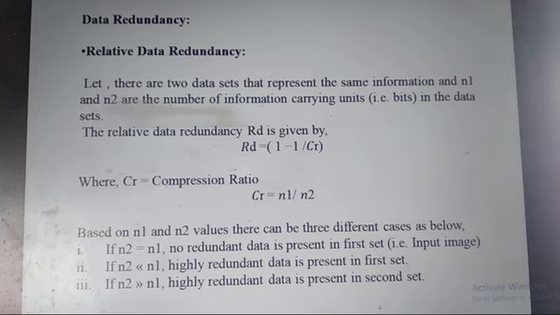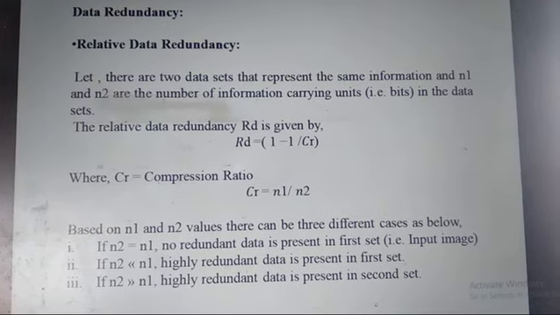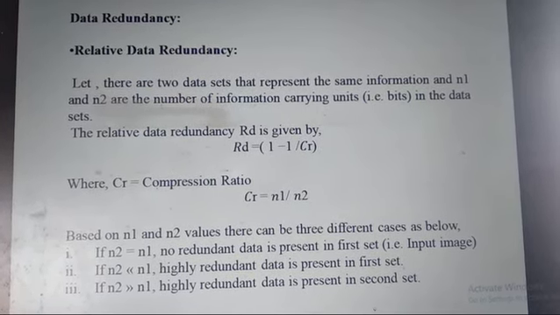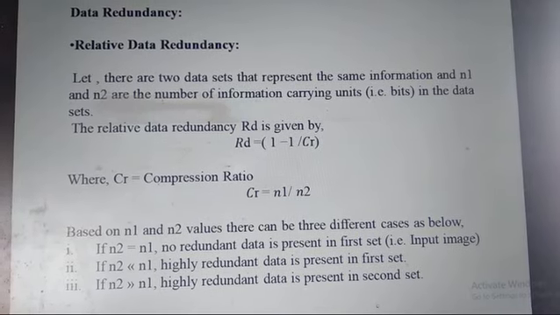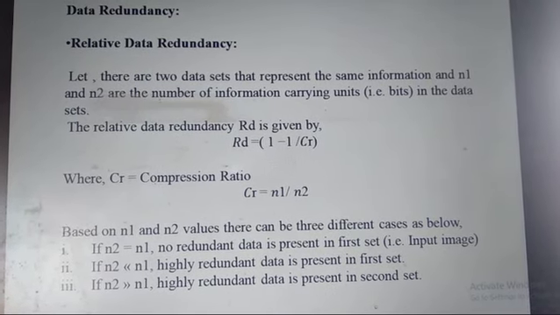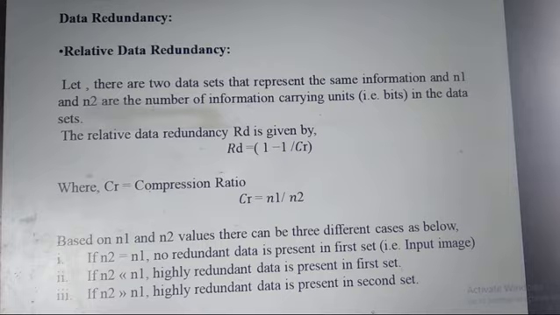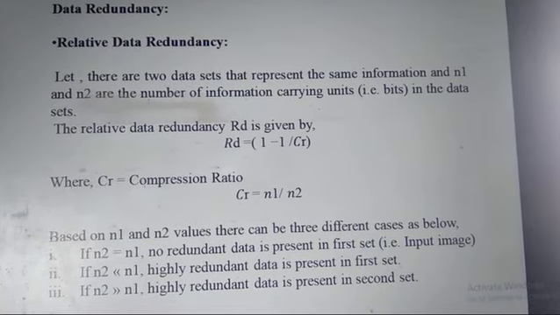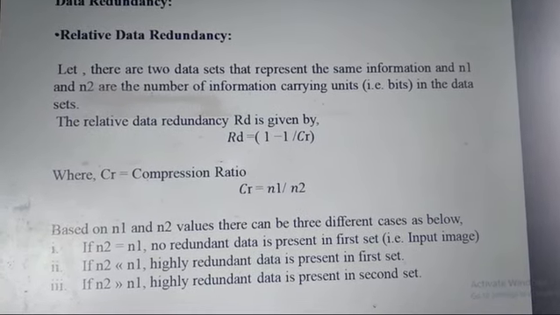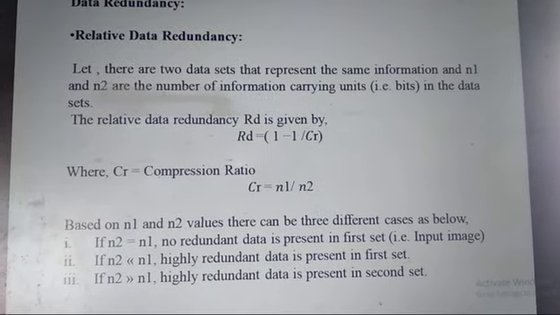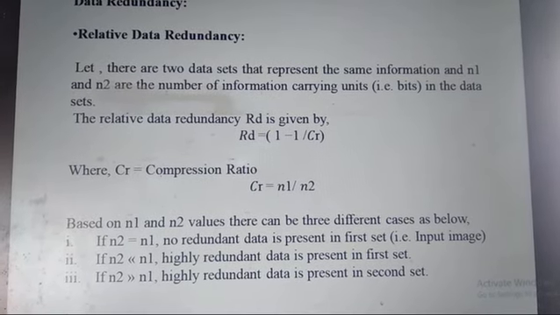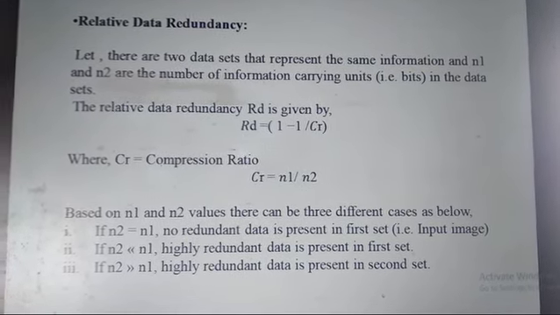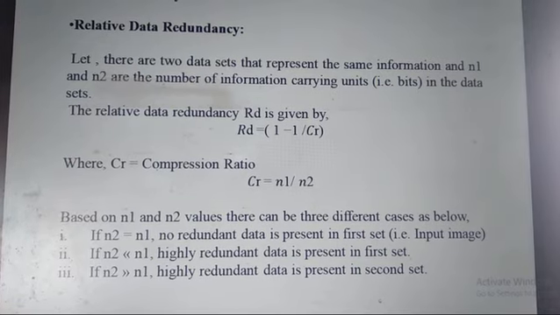How we represent the same information depends upon the compression. So data redundancy is used to compress the data. The relative data redundancy is given by R_D = 1 - 1/C_R. What is C_R? That is the compression ratio, given by N1 by N2 for the same information.